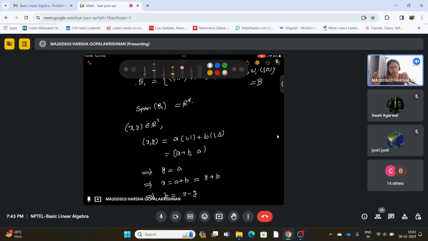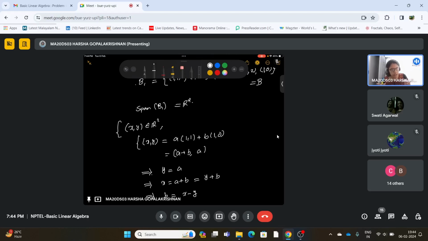Let me explain once again. We are starting with an element (x, y) in R2. I am assuming there exists a linear combination (x, y) equal to a(1,1) + b(1,0). I am just assuming some a, b are there. I should say what are this a and b, whether they exist or not. For that I should find the value of a and b in terms of our given x and y. So a(1,1) + b(1,0) means (a + b, a).